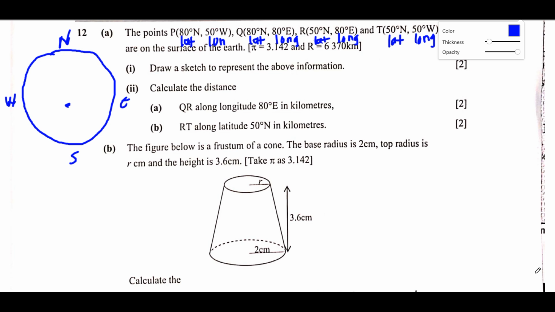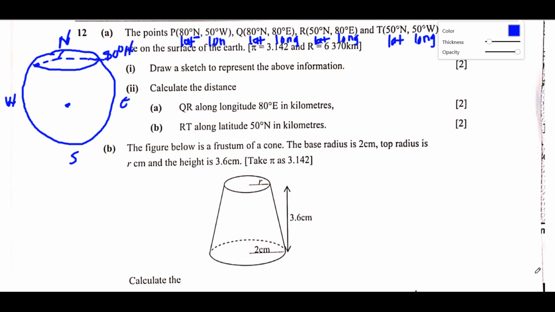Point P has the latitude of 80 degrees north. The latitudes are imaginary lines that run from west to east. Now since it's located north, it is going to be above this point. I'm just going to put it here. So this is our 80 degrees north, and the longitude is 50 degrees west.